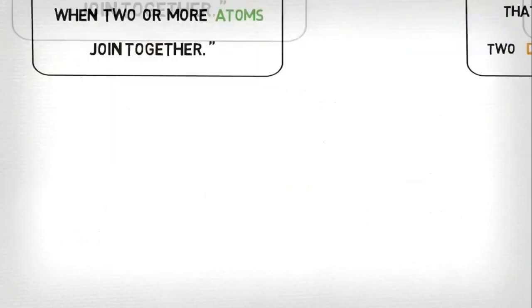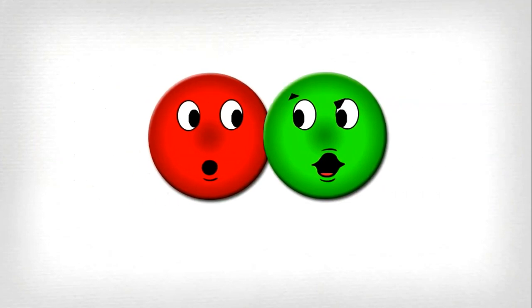So, a molecule can consist of two or more atoms of the same element joined together. But a compound must always have at least two atoms of different elements joined together.